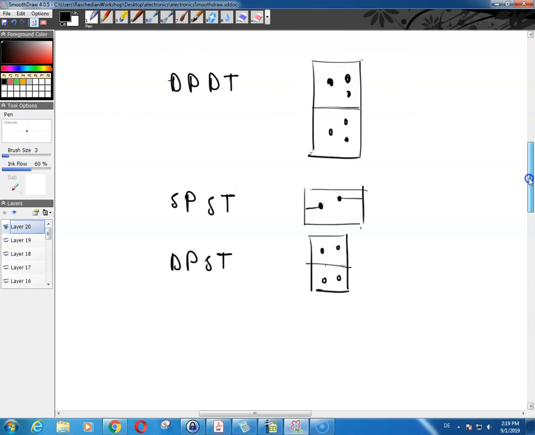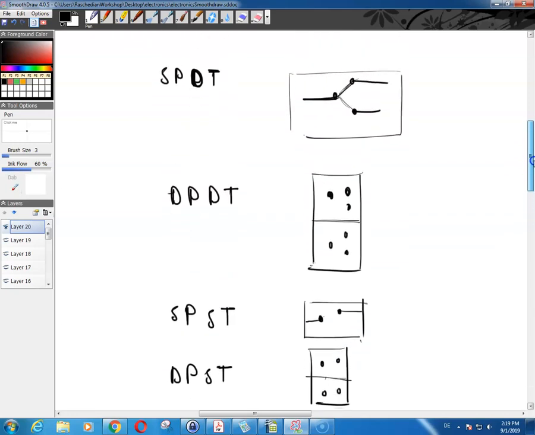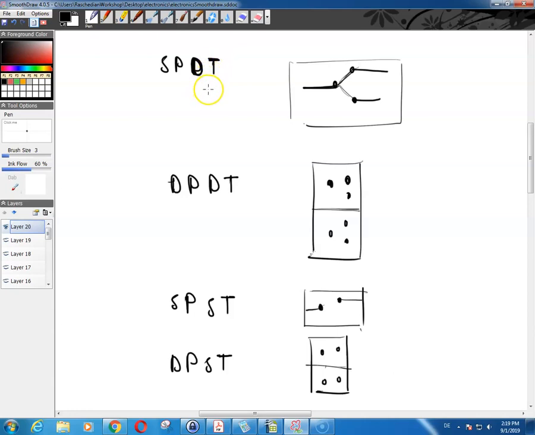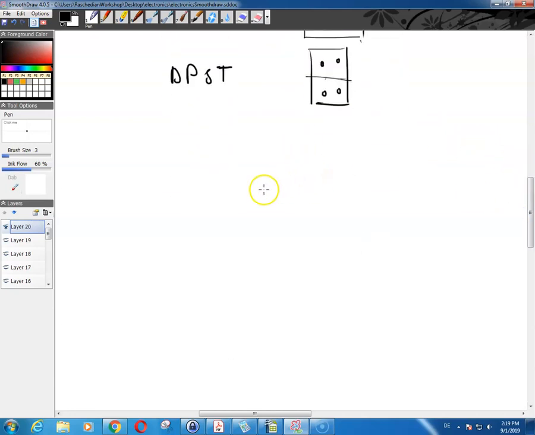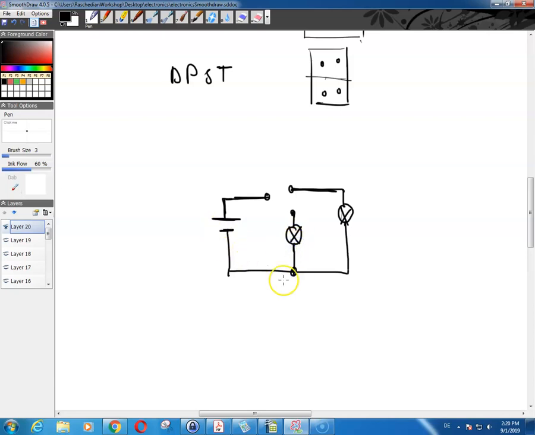Now if you have a single pole double throw switch, something like this, and suppose that this is connected to one lamp over here, this is connected to one lamp, and this goes to the positive pole of your power supply, and this goes to the negative pole of your power supply, and then this goes to another lamp and to the negative pole of the power supply.